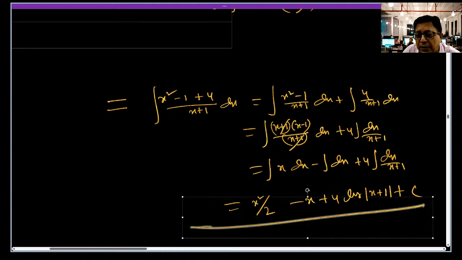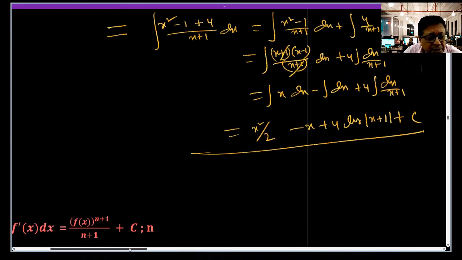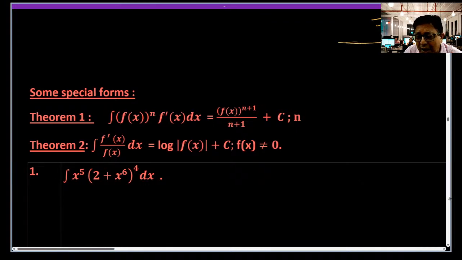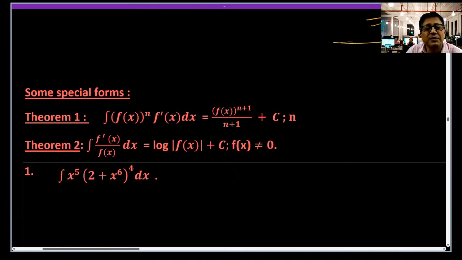Today we'll be discussing how many sums we can do without substitution, and then sums will be started on substitution. Most of these are based on the substitution concept only, but we will not substitute anything.